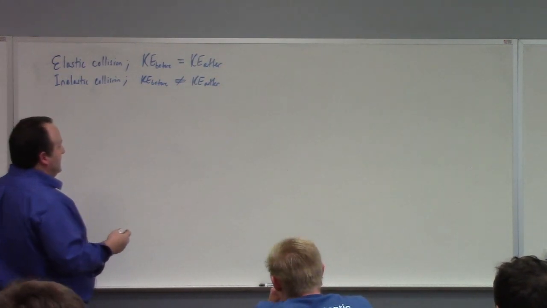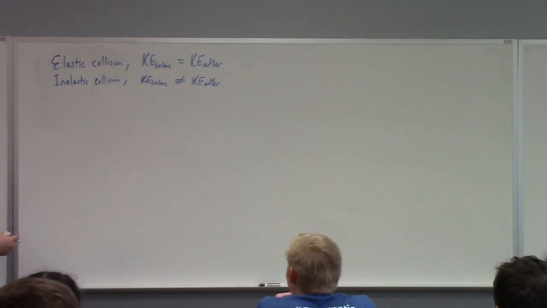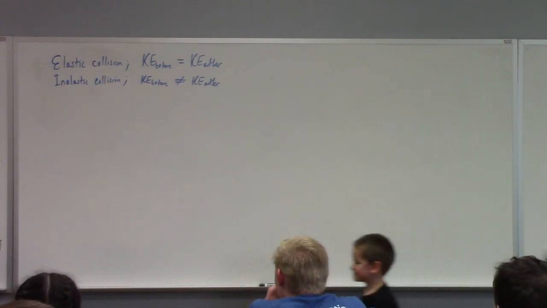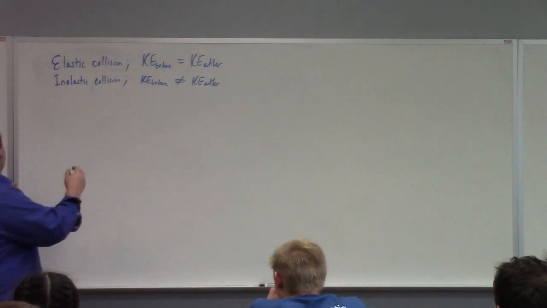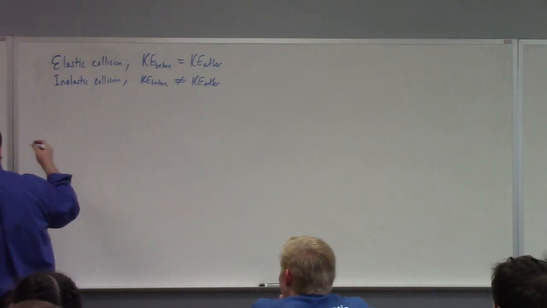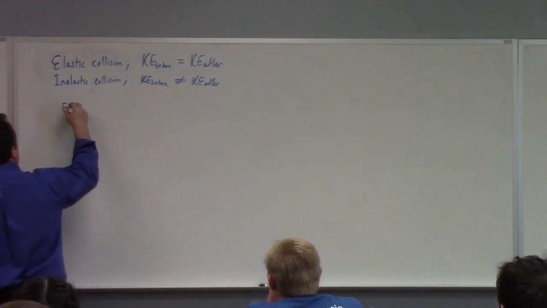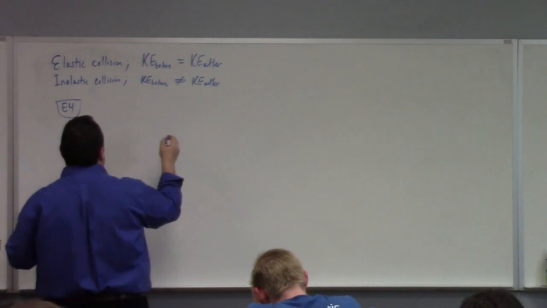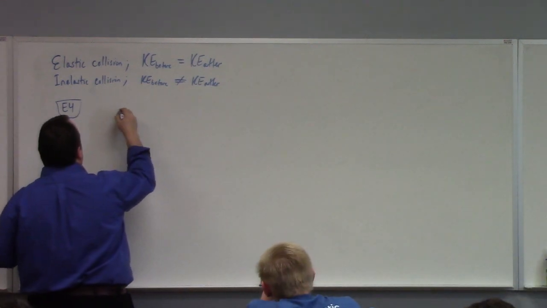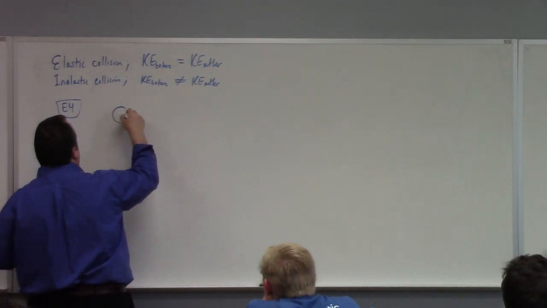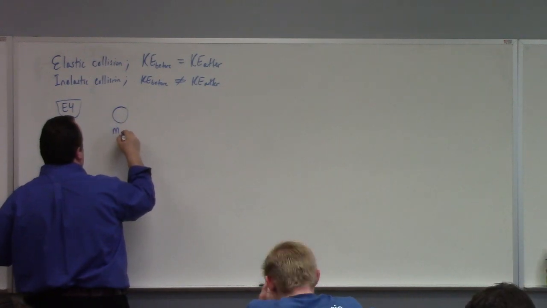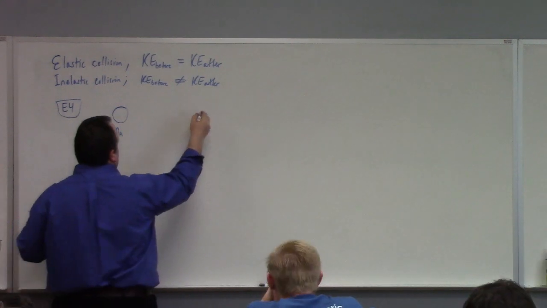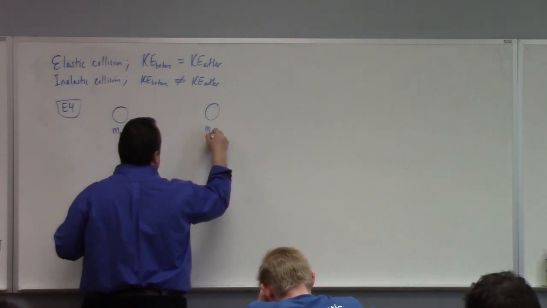So the kinetic energy before and after is equal for an elastic collision. For example 4, suppose you have two masses, all right? You have, let's say, MA, and over here you have MB.